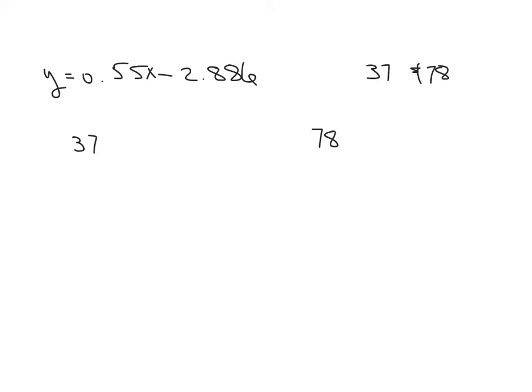So that between means we have a less than or equal to here and a less than or equal to here. And the equation, 0.55x minus 2.886, will go between there.